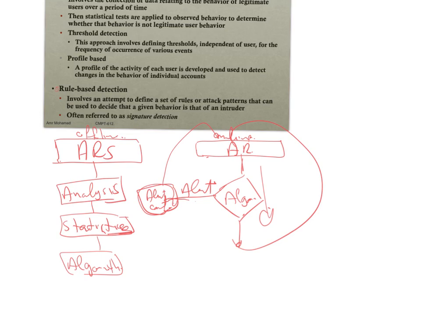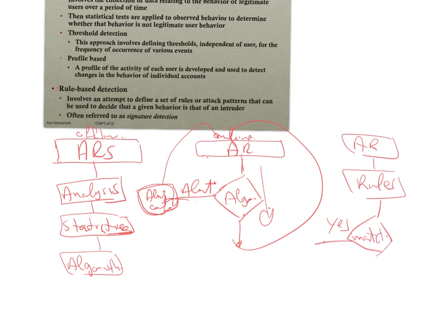If this criteria is met, then we say that this is a suspicious behavior. So there is a rule, and we apply the rule. Again, we take the audit record, we apply the rule. If the answer is yes, the rule is matching, then this is an alert. If not, then we go and take the other audit record, and that's it. Okay?